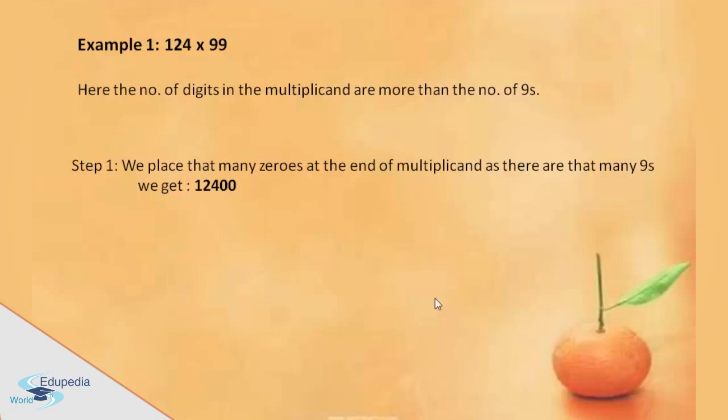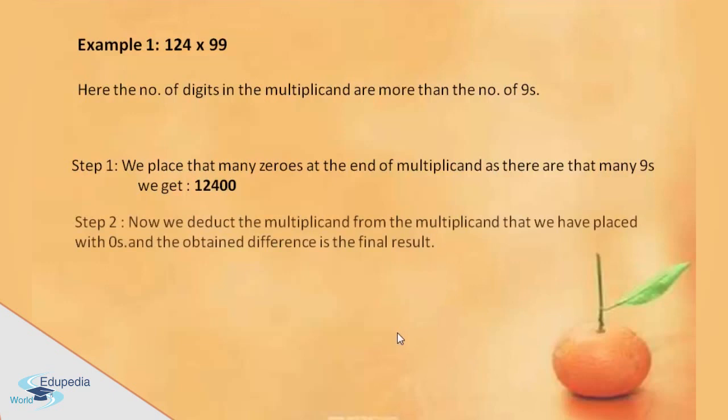Coming to step number 2, I am going to subtract 124 from 12,400. Why? Because step number 2 says that we have to subtract the multiplicand from the multiplicand that we have placed with zeros, and the difference is considered as the final result.